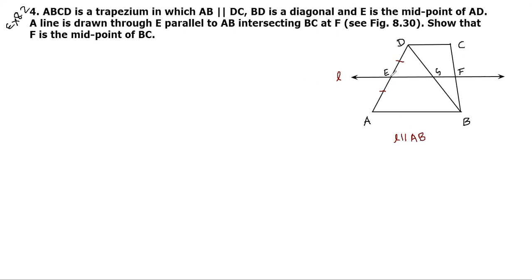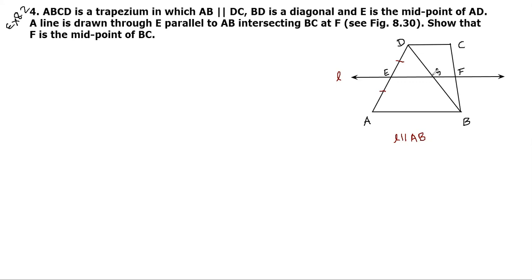So it is very easy, because a line from the midpoint of one side parallel to another side bisects the third side, meeting it at its midpoint.